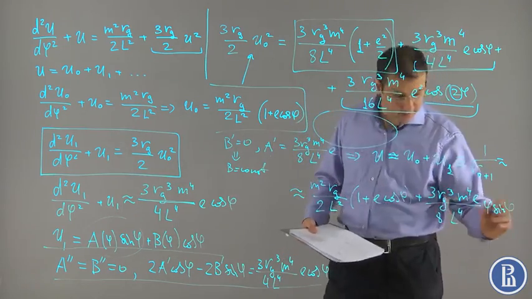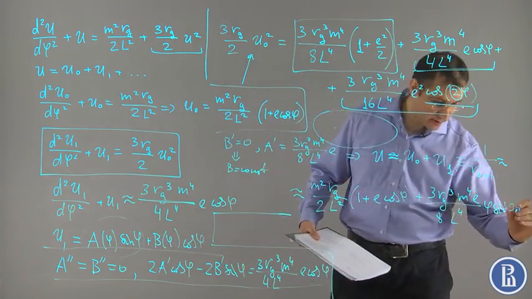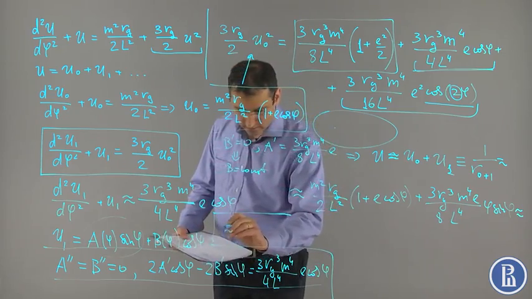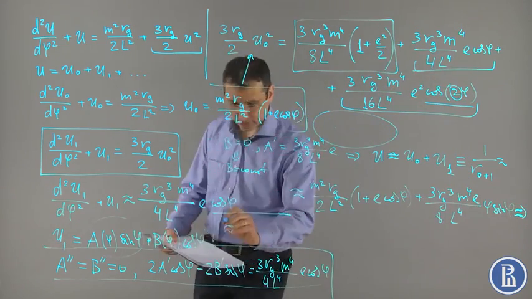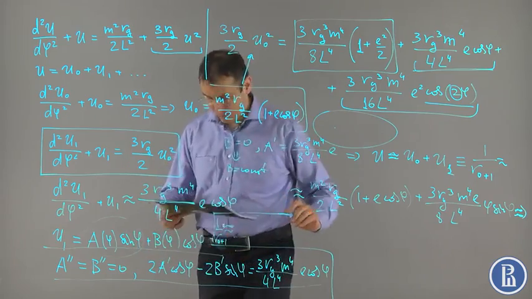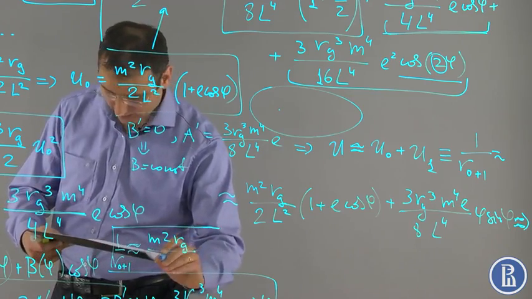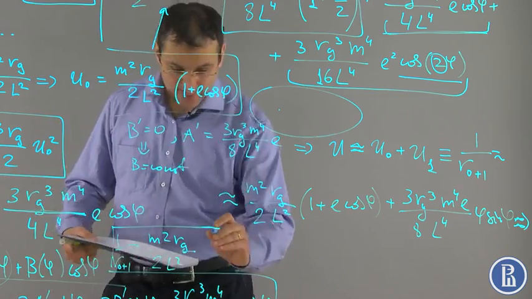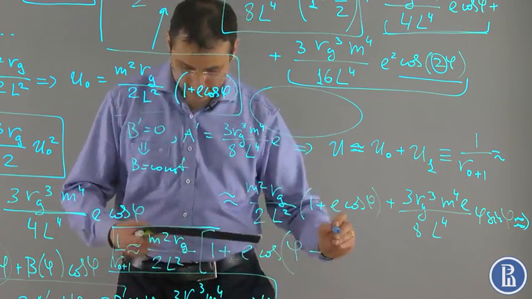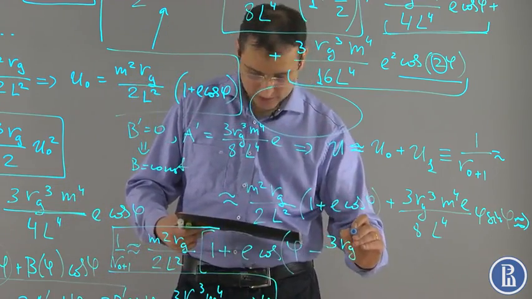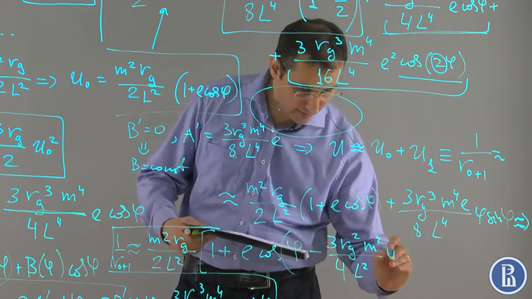So then this expression, let me write it like this, can be approximately equated to, so from this follows that R0 plus 1 is approximately equal to m squared times Rg divided by 2L squared times 1 plus e cosine phi minus 3Rg squared times m squared over 4L squared phi.